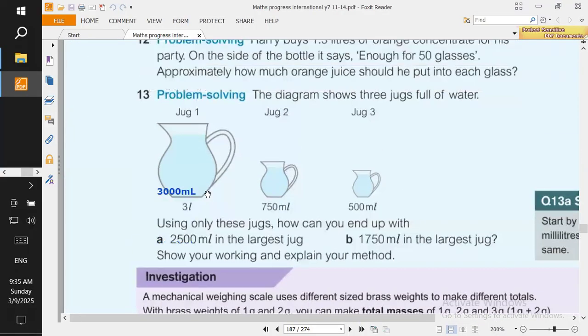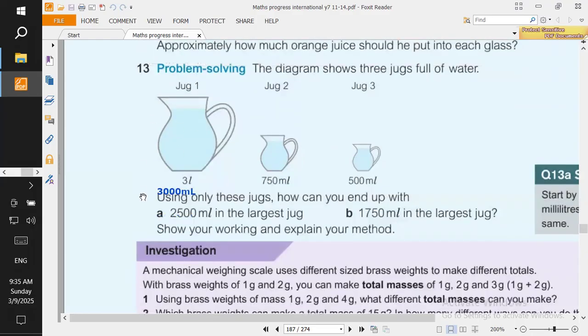Okay. So basically, this one, you need to remove 500 from here. So you put it in this one. And if you want 1,750 milliliters in the largest jug, you're going to use 2 of these, and 1 of this.